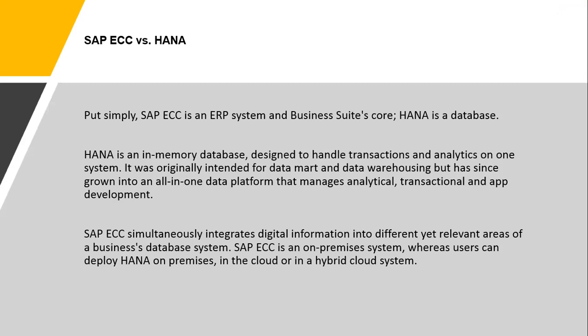One of its strengths is that it does both OLAP, online analytical processing, and OLTP, online transaction processing, on one system. It was originally intended for data marts and data warehousing, but has since grown into an all-in-one data platform that manages analytical data, transactional data, and Fiori app development.